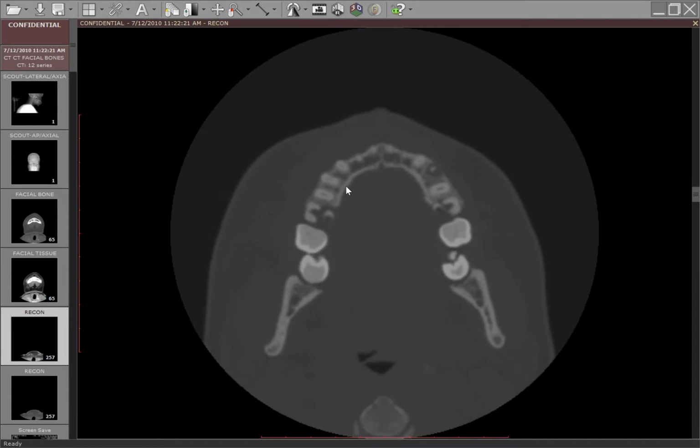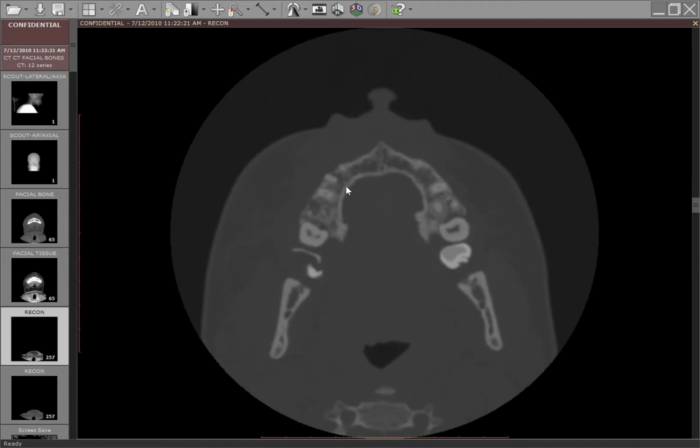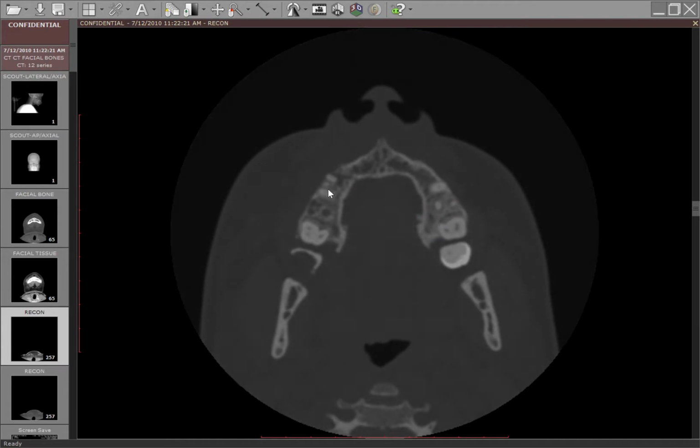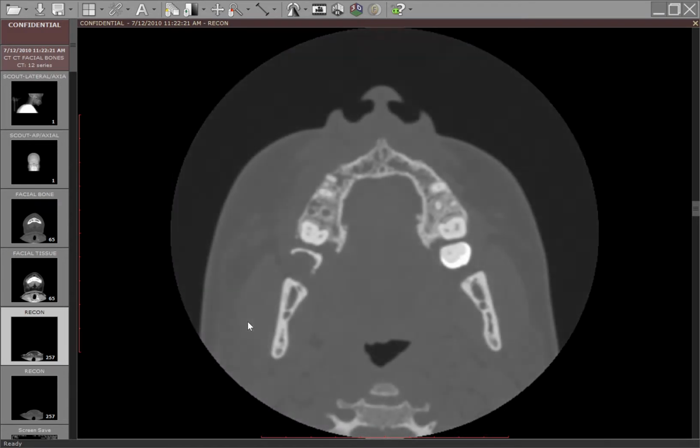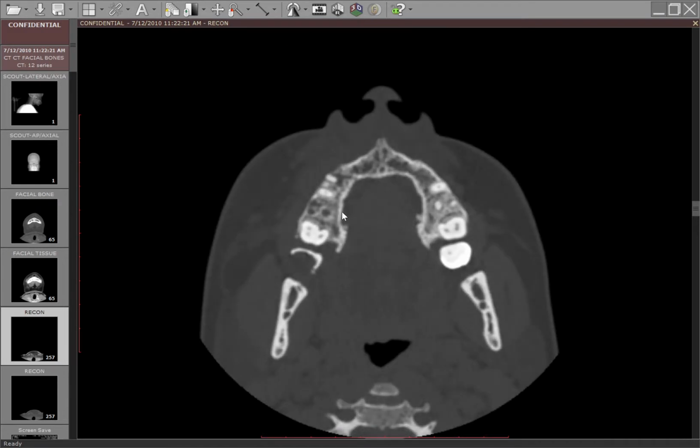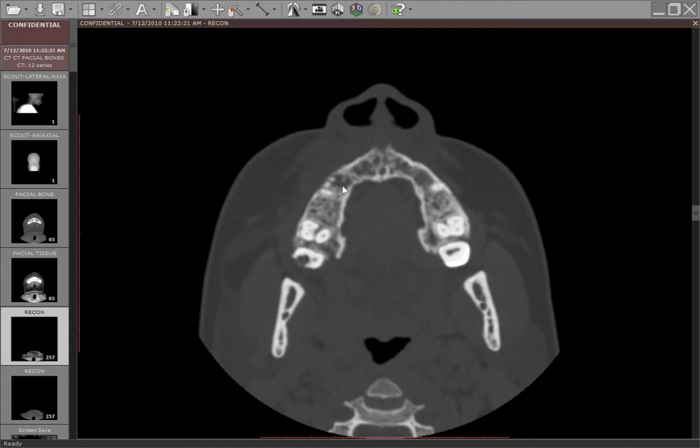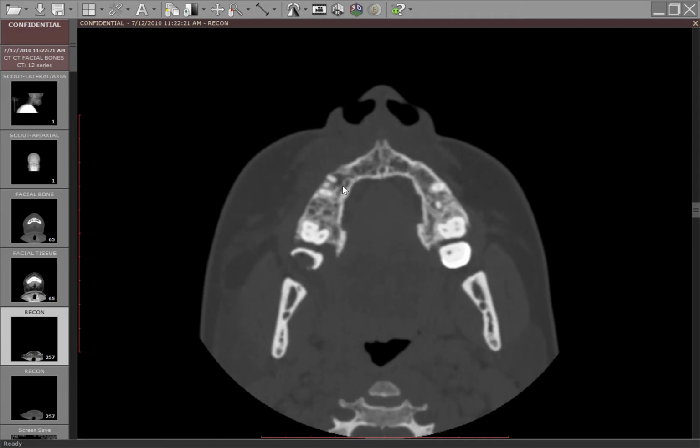But you know the pulp is involved because when you go all the way to the apex of the root, let's see if I can brighten this up. There's a periapical radiolucency. So we know the decay went from the crown through the pulp of the root and out to the periapical tissues.